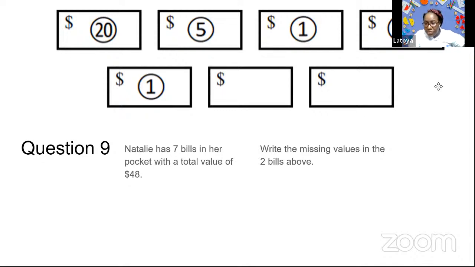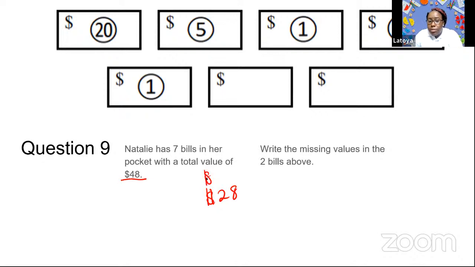Write the missing value in the 2 bills. So how are we going to work a question like this? We need to see what we have. What do we have? We have a total of 25, 26, 27, 28. So we have a total of $28.